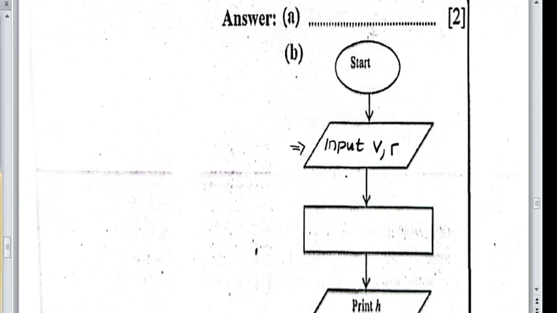We are calculating height. Now, for a cylinder, when they have given you volume and radius, how do we find the height? You have to know the formula you can use. Very important.